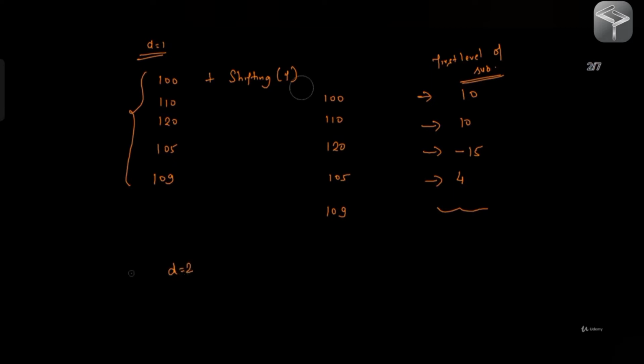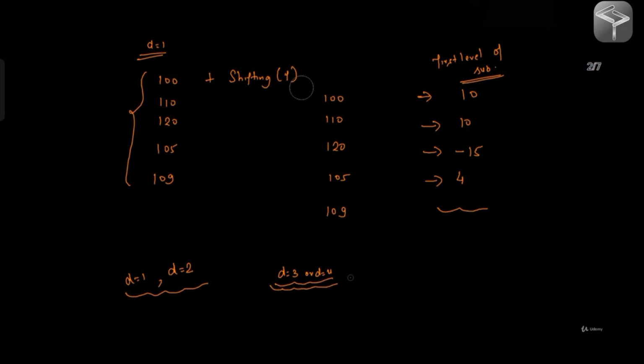In real world problems, either D equals 1 or D equals 2. D equals 3 or 4 is a very rare case. I have hardly found a case where D equals 4.